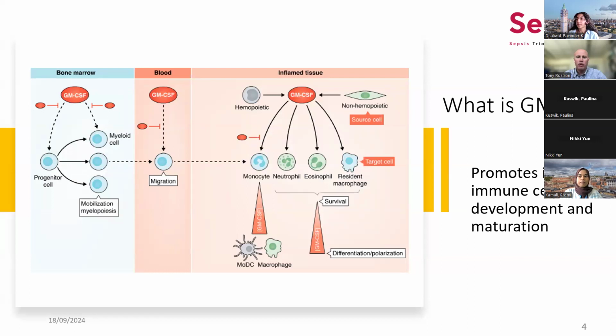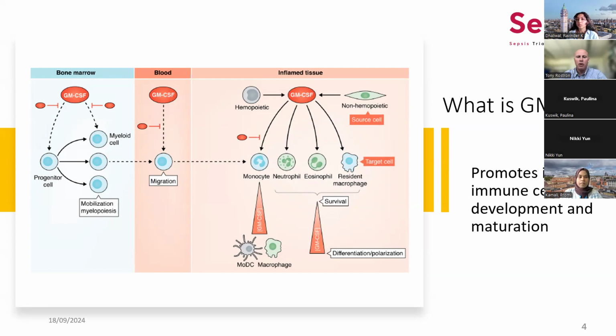So if we look at what GM-CSF is, this is a naturally occurring product that our body produces. It is a substance which fosters the development and maturation of cells from the granulocyte and myeloid lineage.